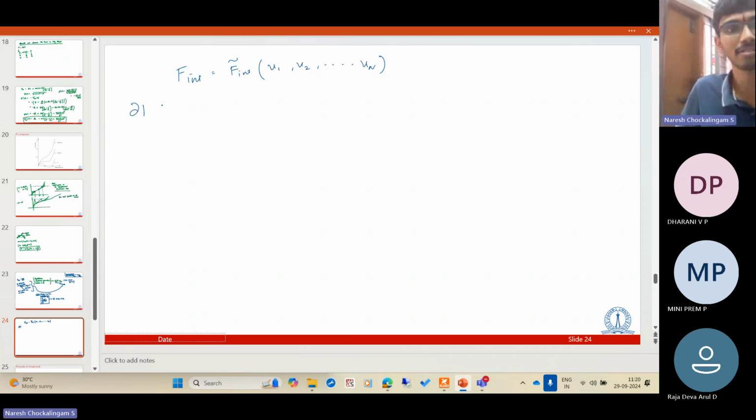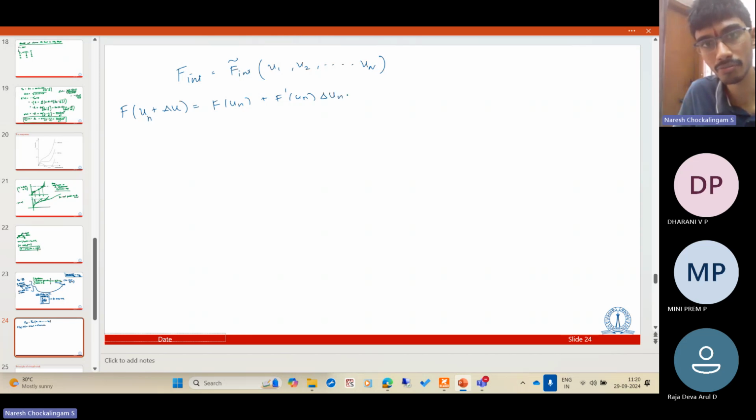Okay, that I can tell right away. So use the multivariable Taylor series, right? How did we do initially? We said f of un plus delta un is equal to f of un plus f dash of un times delta u plus and so on. Now equivalently, what is it for multivariables?